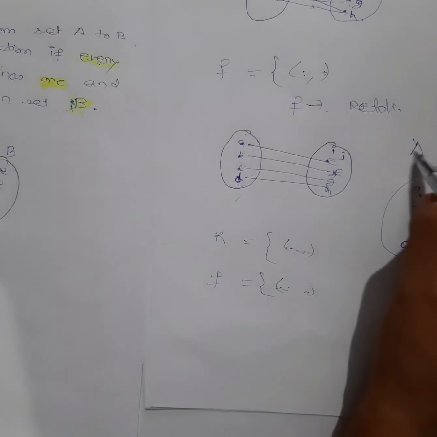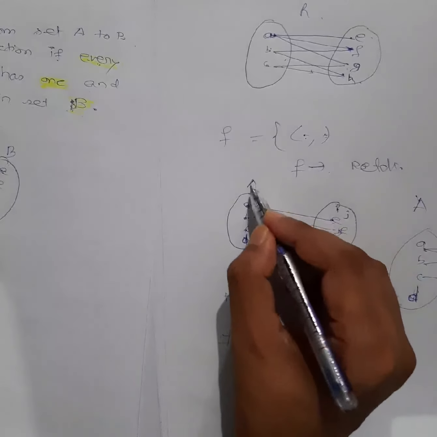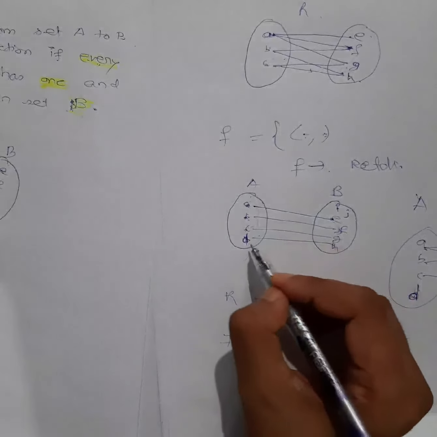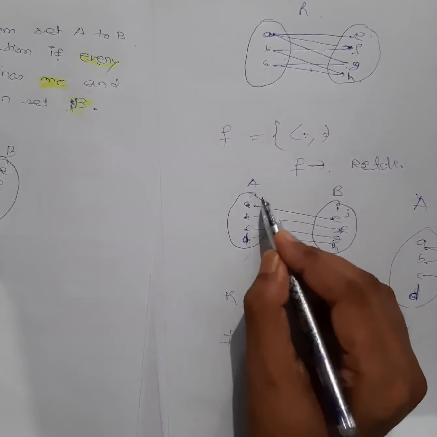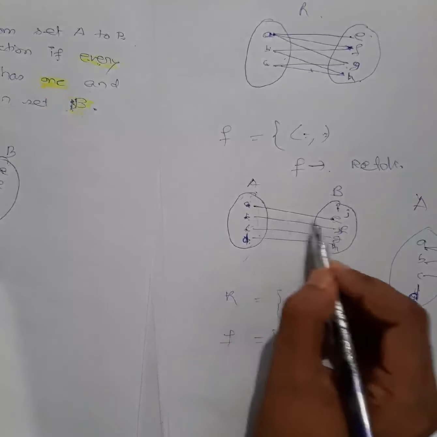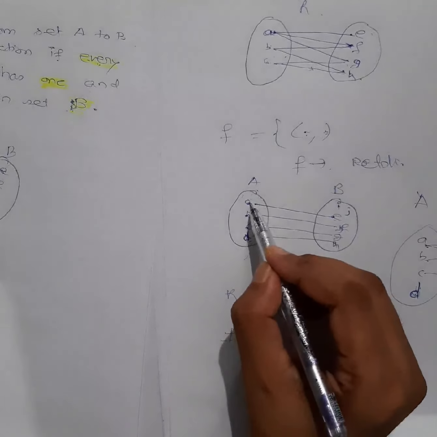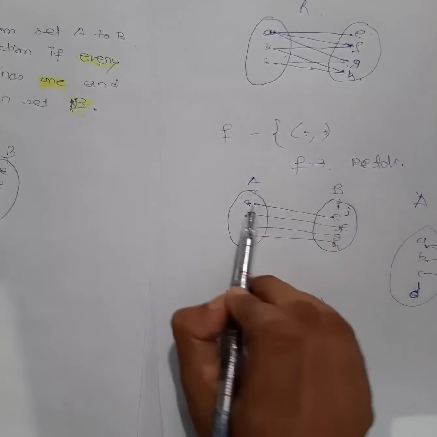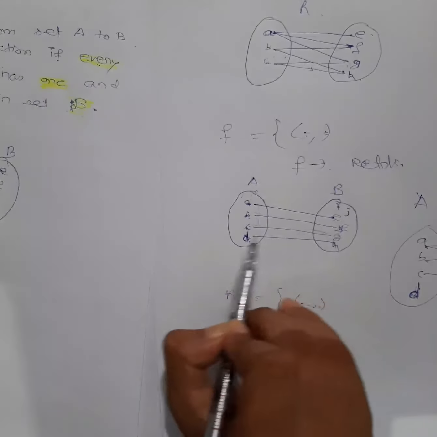Okay? But when we discuss a function, two conditions are very important. What are those two conditions? First thing, what you have to check, in your first set, is every element having an image or not. You have to check that. Next, what you have to check, every element here is having how many images? They must have exactly one image.